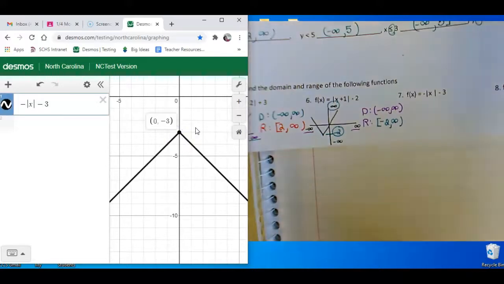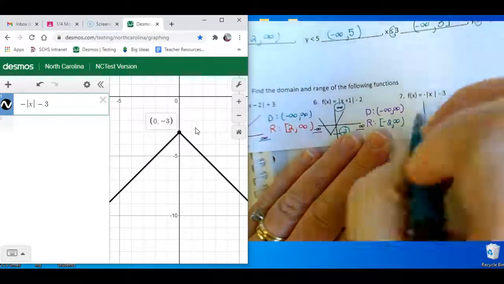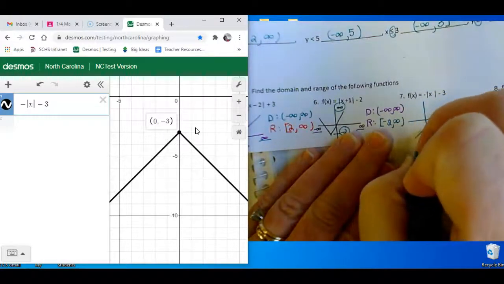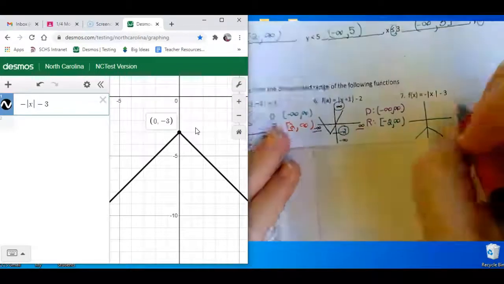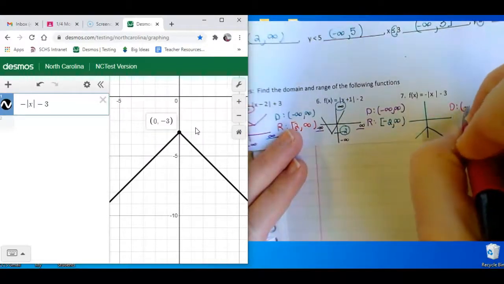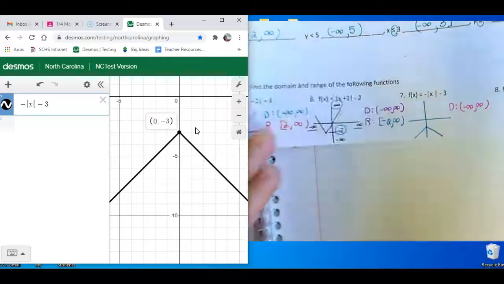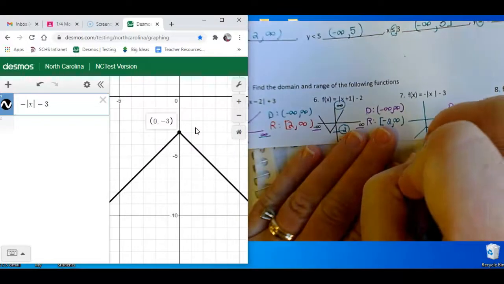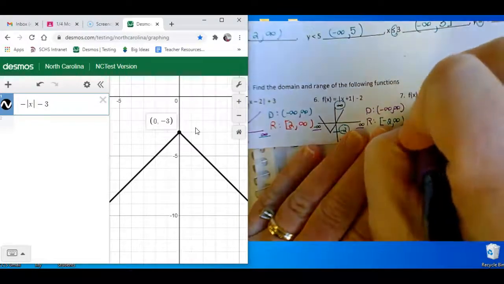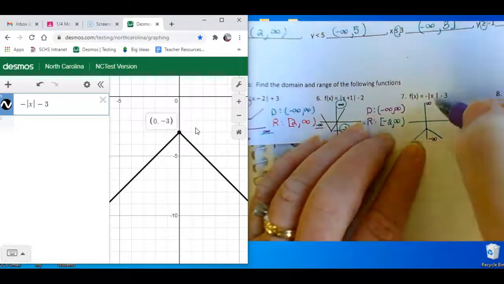Alright. Let's graph what it would look like. Like I said, domain is easy because the domain is always going to be all real numbers, or negative infinity to infinity. The range is the one that's kind of tricky. And I'm thinking about the y-axis. This is negative infinity, there's infinity.